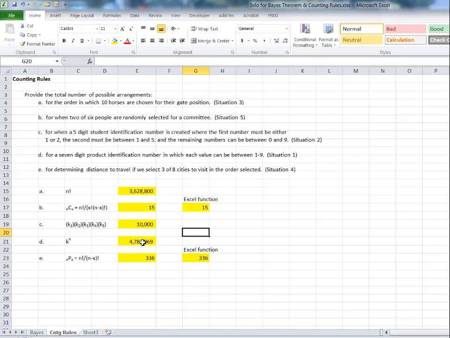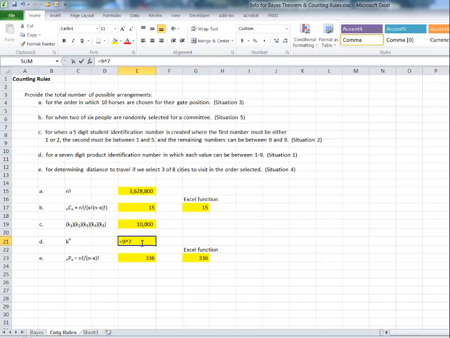And then the number of possible arrangements for a 7-digit product number, where it can be 1 through 9 for every digit. So now you've got 9 possible values, 9 times 9 times 9 times 9 times 9, depending on how many digits there are.